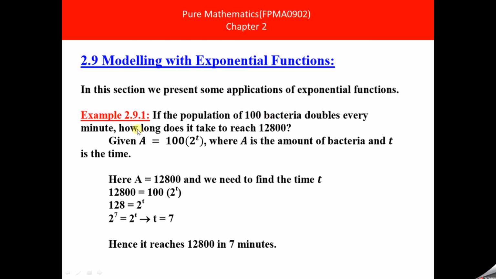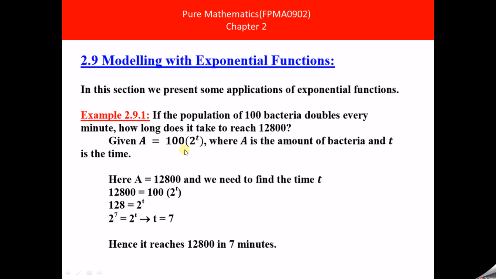And here we are asked to find how long it takes to reach 12,800. So we have to find the time t when the bacteria number is 12,800. For that we have to write the equation. Writing the equation is very important. A is the number of bacteria, and we write it as starting with how much you have, 100. You start with 100 in the beginning, and after that you multiply by 2 for each minute.